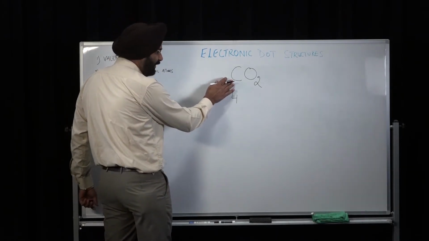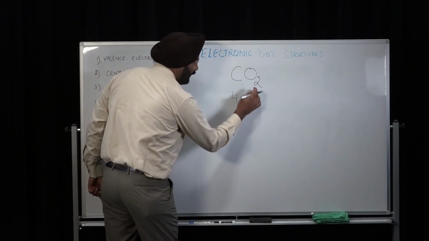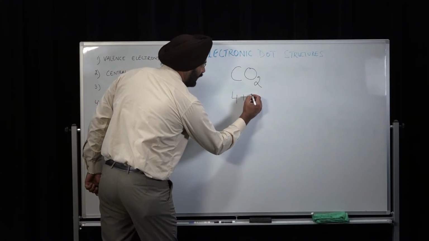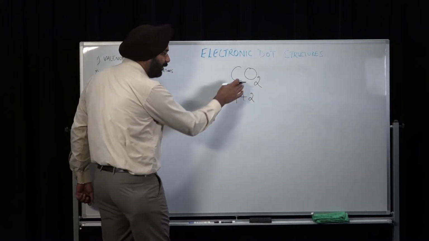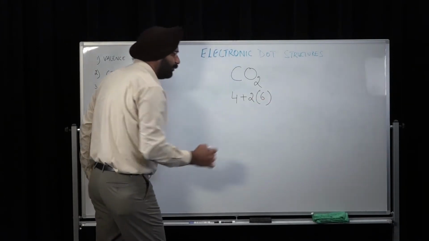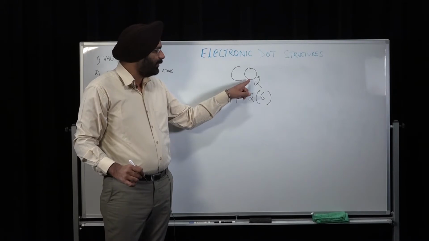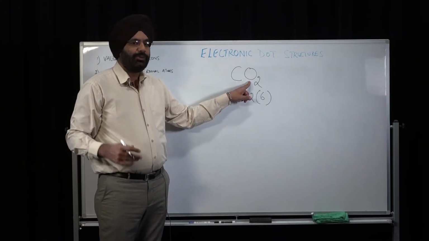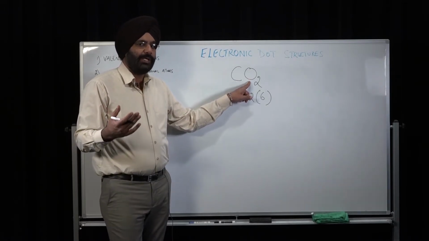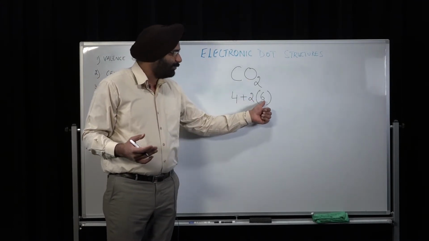So there are 4 valence electrons in carbon, and since there are 2 oxygen atoms, I am writing 2, and on each oxygen atom we have 6 valence electrons. So you have 2 times 6. The reason is simple, because there are 2 oxygen atoms in there. So the number of valence electrons contributed by oxygen to carbon dioxide is 2 times 6.